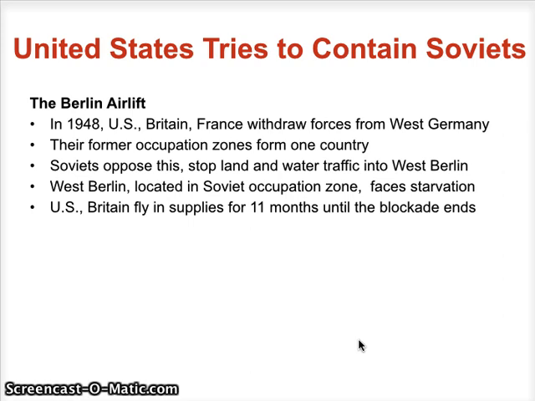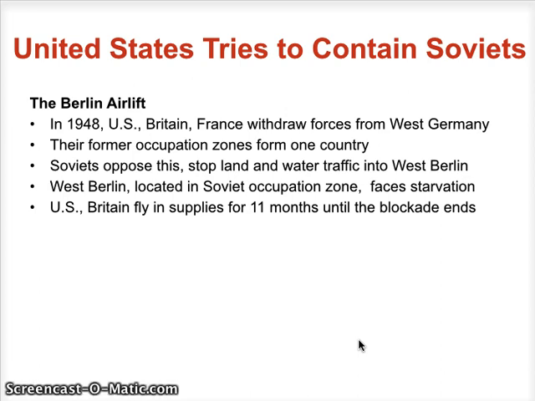Stalin and the Soviets don't like this. The reason they don't like it is they are worried that Germany is going to rise up again and attack again, that they will get another dictator like Hitler, and there's going to be another huge world war. So the Soviets oppose this, and what they end up doing is they stop land and water traffic going to Western Berlin.